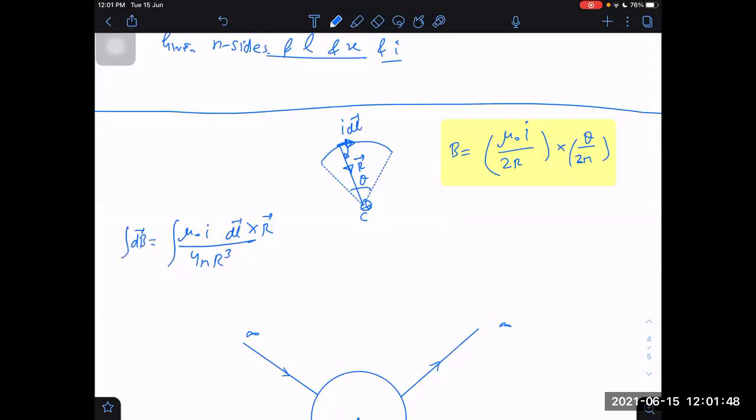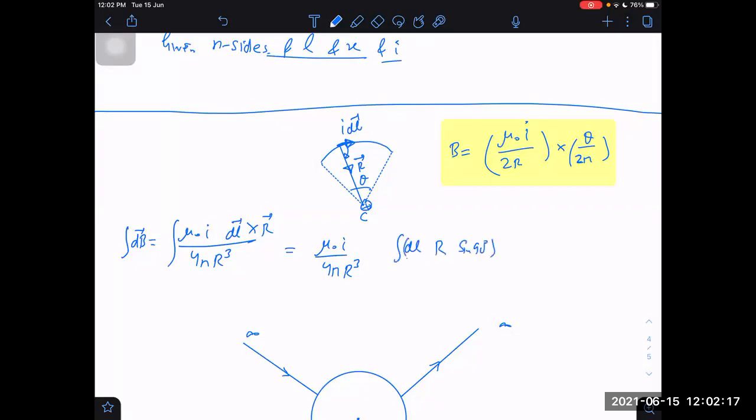What will that be? That is mu naught into I upon 4 pi. I can take R cube outside because it is just a constant, but I cannot take the R vector, because the R vector is not constant. Remember, the vector is changing direction continuously. So the R vector cannot be taken out of the integration, right? Anyway, what is dL cross R? dL cross R will become dL magnitude into R magnitude into sine 90 degrees.